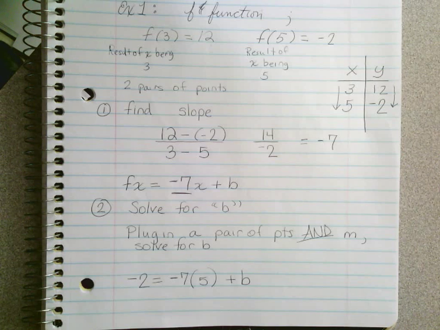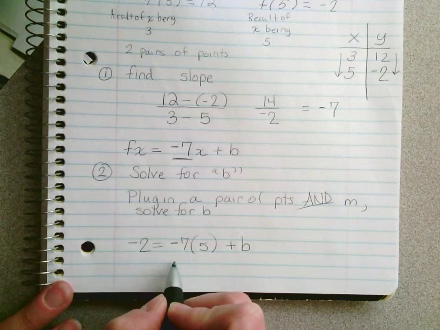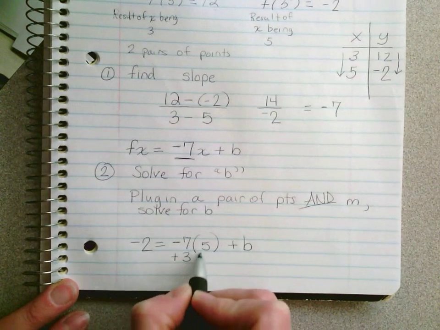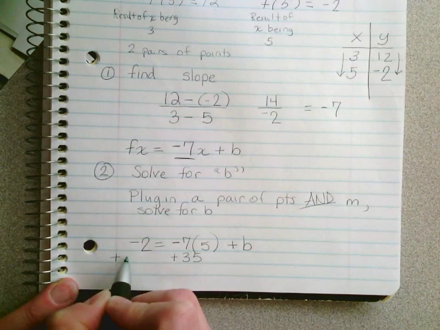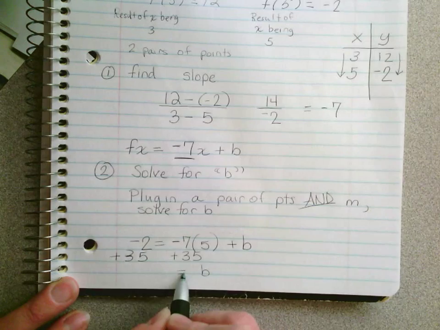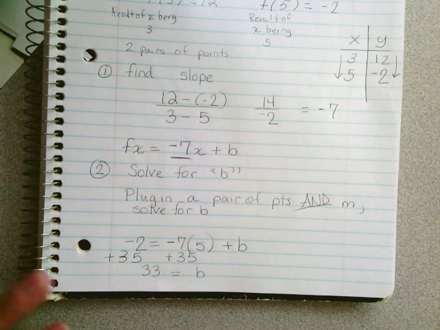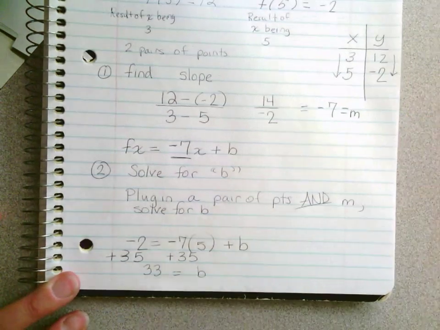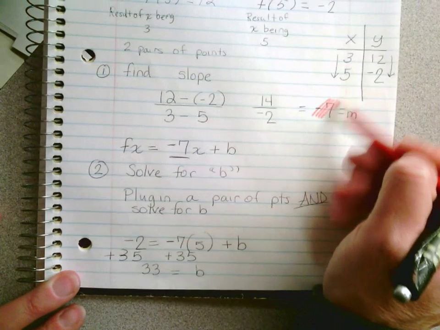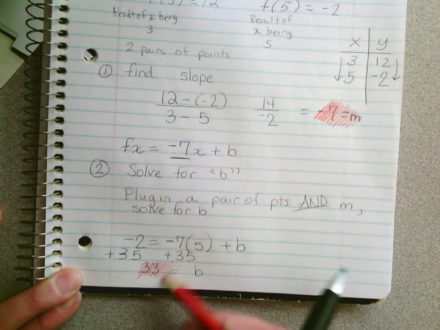It's not nearly as difficult to visualize how to solve it from there. Solving for b simply means taking this -35 and adding it to both sides. And you should have gotten b is equal to 33, right? So I've got an m value, and I've got a b value.